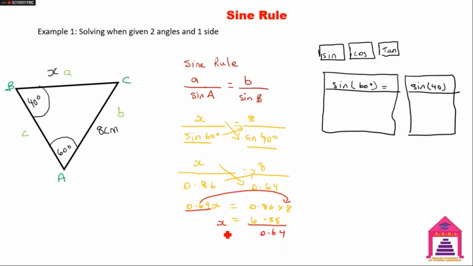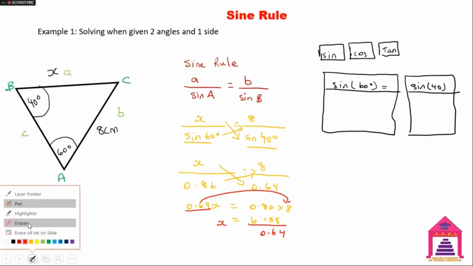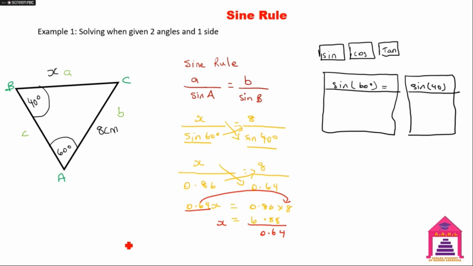So x is equal to 6.88 divided by 0.64. Our answer would be 10.75 centimeters. Remember, this could be a decimal. Everybody got the answer? Type it down in the chat.